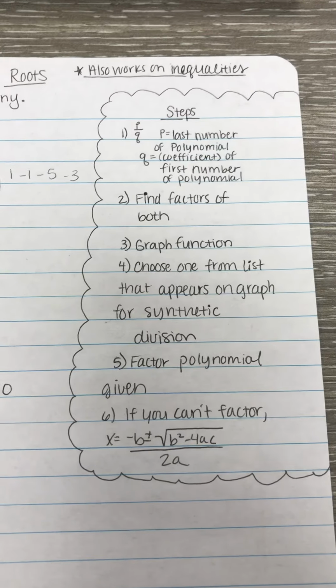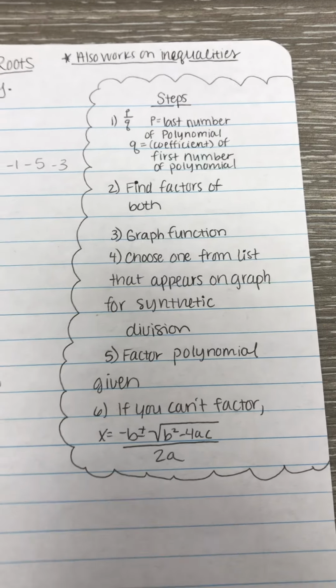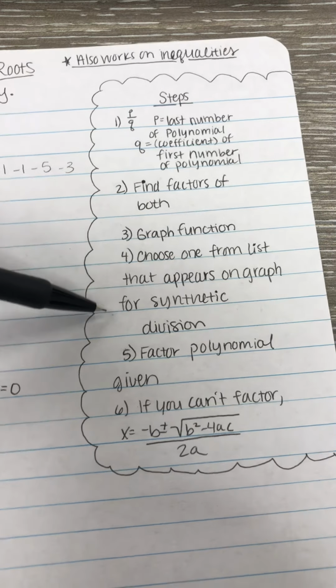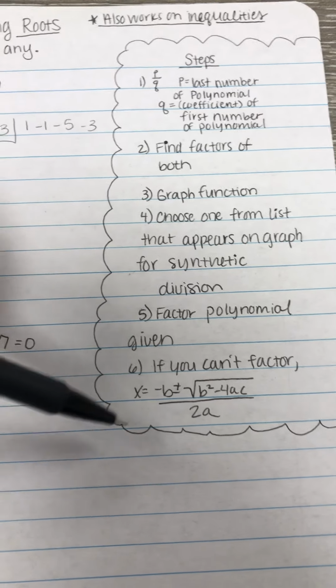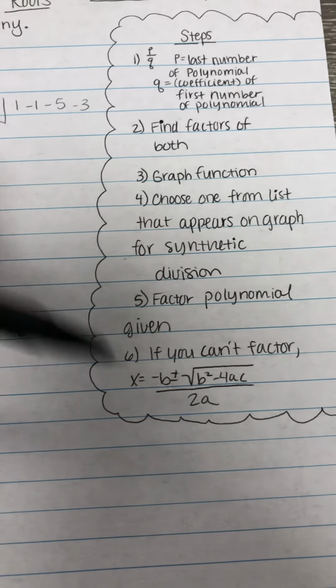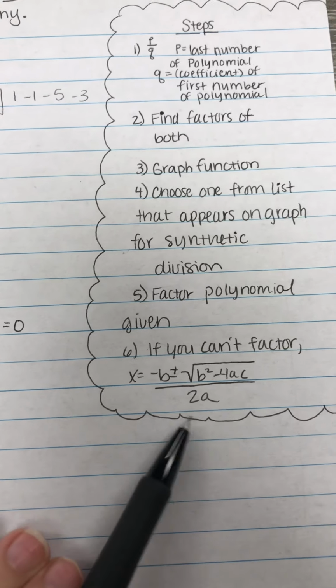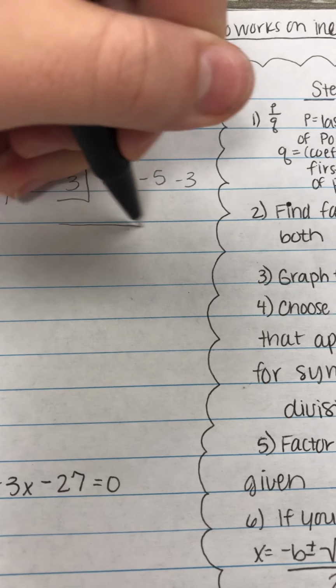So if you need to pause, take a screenshot, do whatever, these are the steps of finding the factors of both. Graph the function, choose one from the list that appears on the graph for synthetic division, factor the polynomial that you're given, and then if you can't factor, you use -b plus or minus the square root of b squared minus 4ac over 2a.